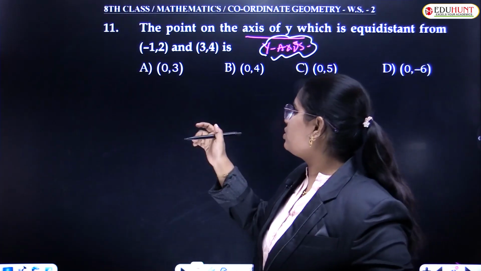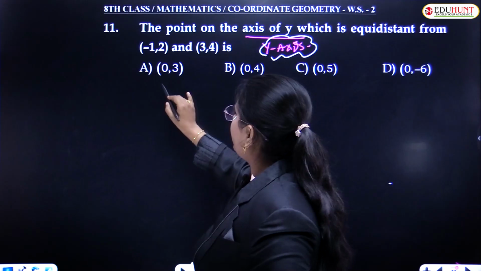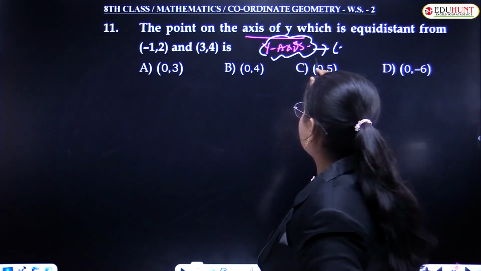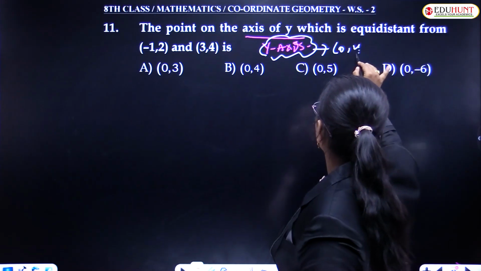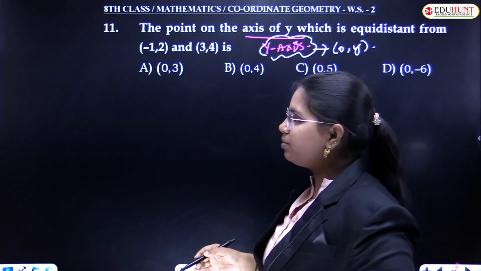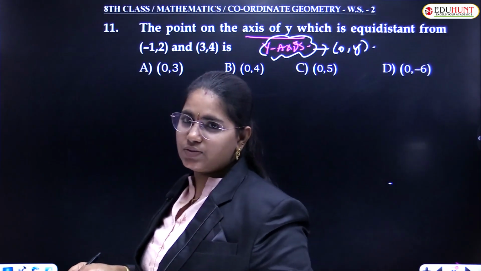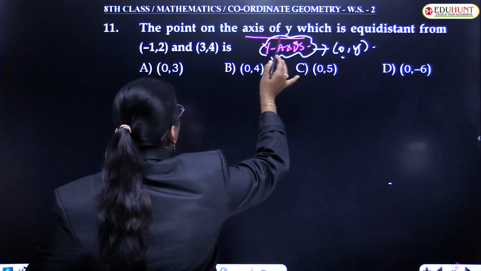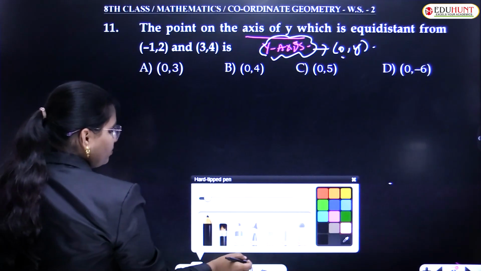Yes or no? So any point on the y-axis will have x value equal to 0. So let me take it as 0 comma y. Now, apply the distance formula.